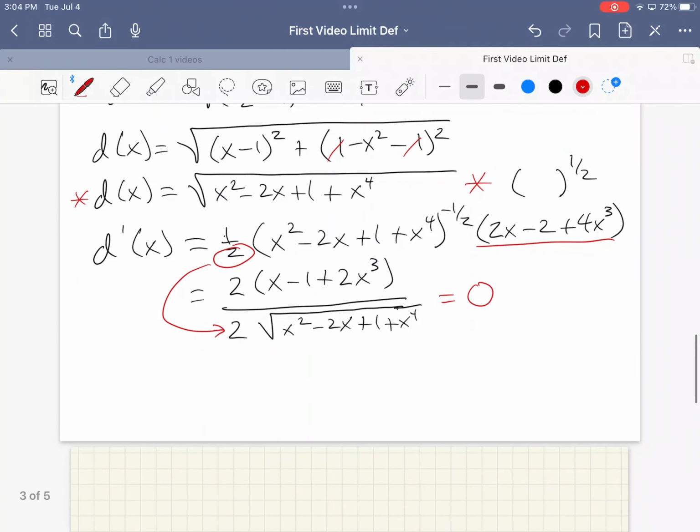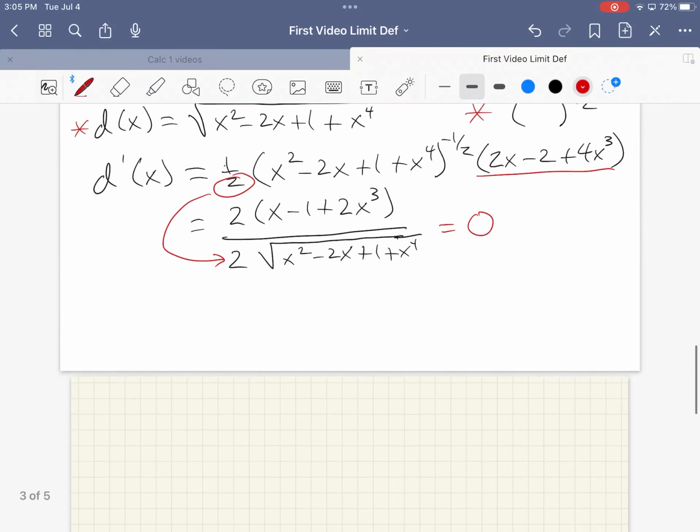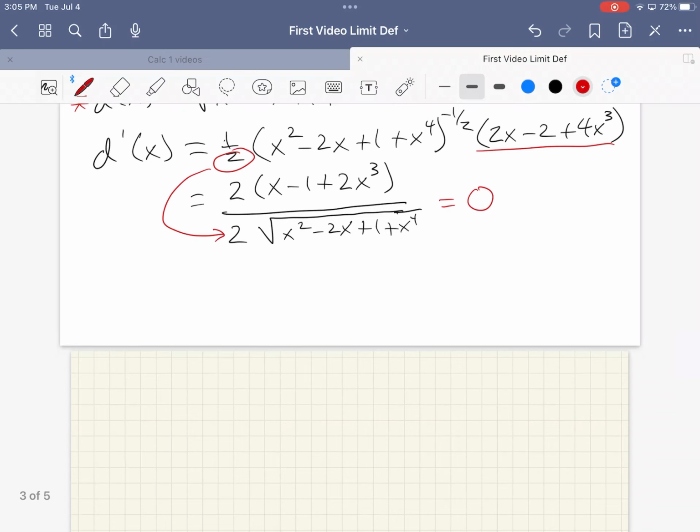Okay. Now, in general, a fraction like this is going to equal 0 when the numerator is 0. So we're just going to mess with the numerator, and so we want to know when x minus 1 plus 2x cubed equals 0. Now, at this point, because this is a cubic function, we're not going to be able to solve that by hand, and so we would use something like our graphing calculator or maybe Desmos and solve it.